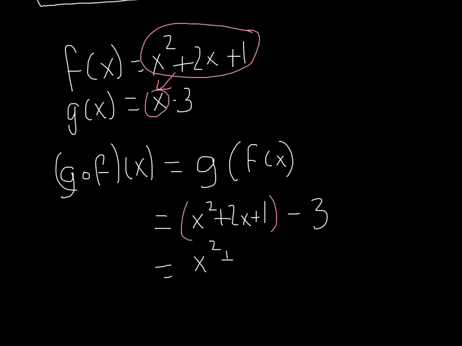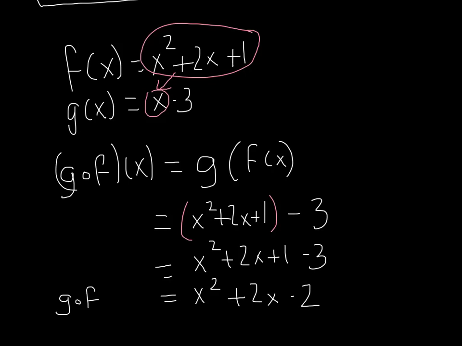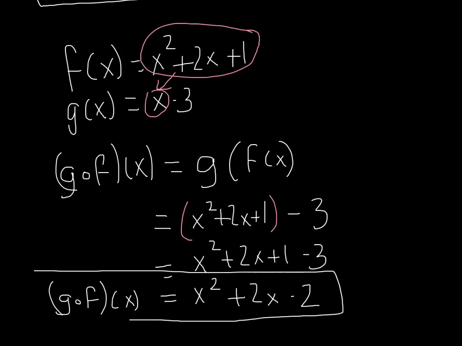So in this case I can just drop the parentheses and add like terms. So x squared plus 2x minus 2, and there's function notation on the left because we were building a new function. So the answer then is in the box. g composed with f of x is equal to x squared plus 2x minus 2.